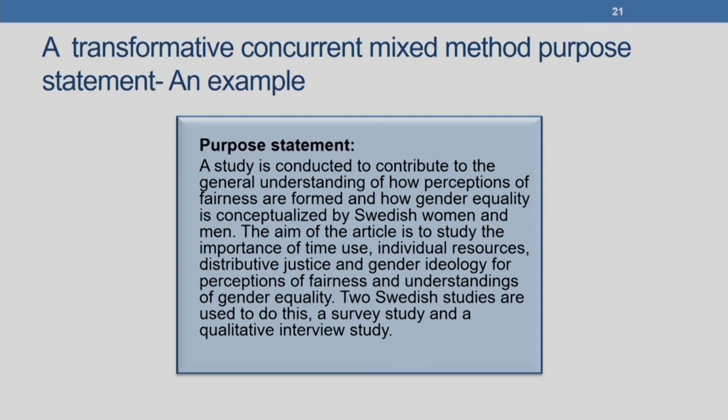The aim of the article is to study the importance of time use, which can be carried out only through quantitative methods as a survey instrument, individual resources, distributive justice and gender ideology for perceptions of fairness and understanding of gender equality. 2 Swedish studies are used to do this, a survey study and a qualitative interview study. So, these are 2-phase study, but the theory use is explicit in this and therefore, it is transformative in nature.